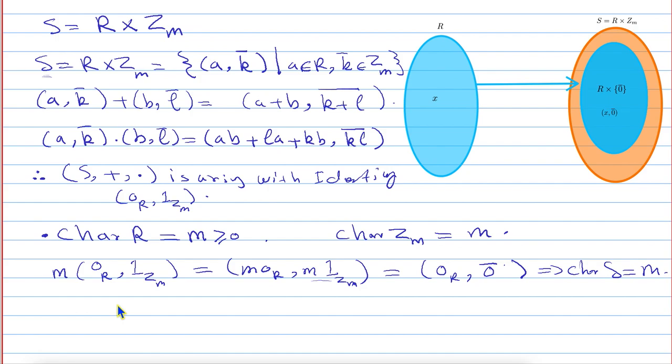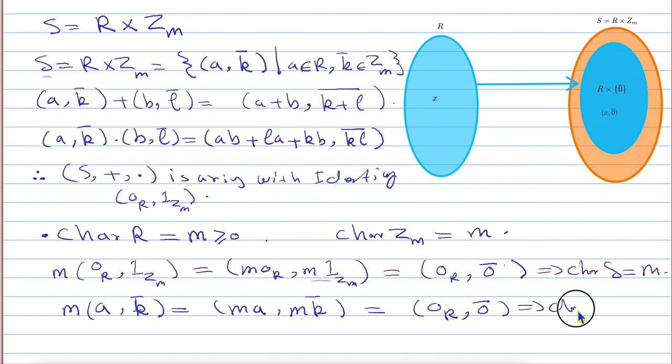It also works easily with any element of S. So M times (A, K bar) equals (MA, MK bar), and this equals the 0 of R, and we said this is the characteristic of Z sub M, so this must be 0 bar.